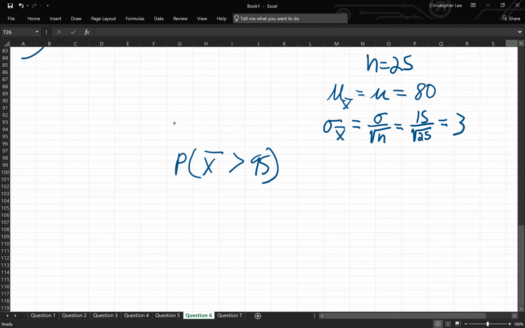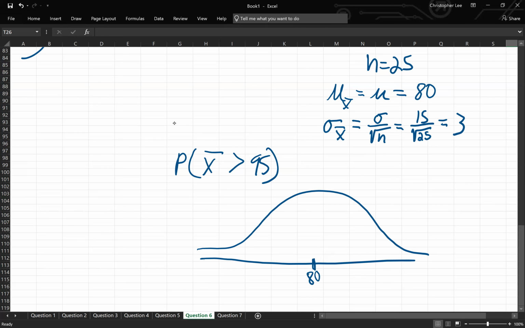Draw your distribution out the same way we just did before. So I'm going to have a bell curve. My mean in the middle is 80. 95 is again to my right-hand side because 95 is bigger than 80. And I want the area to the right, just like that. I want the area to the right.